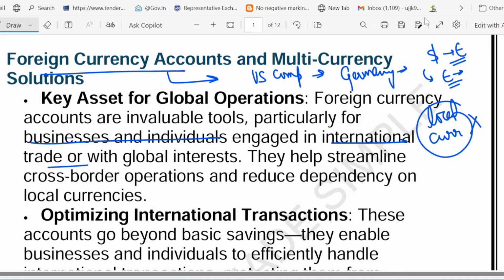That is why it is a key asset for global operation.